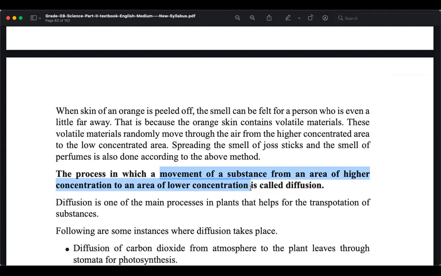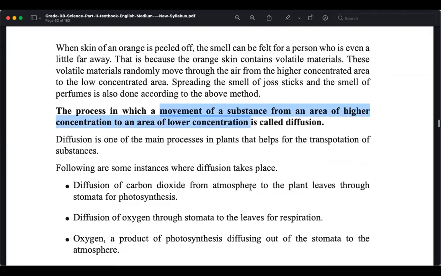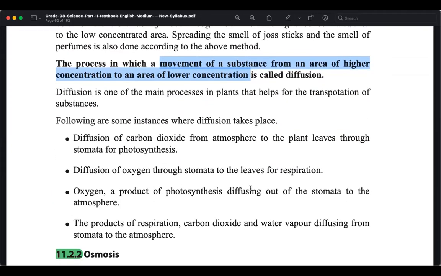Okay, so diffusion, actually in air. Oxygen and carbon dioxide are absorbed into the plant leaf through stomata, and that is done through this diffusion. Carbon dioxide is taken in through stomata by diffusion, because when it is lacking, the plant uses the diffusion technique to absorb it.